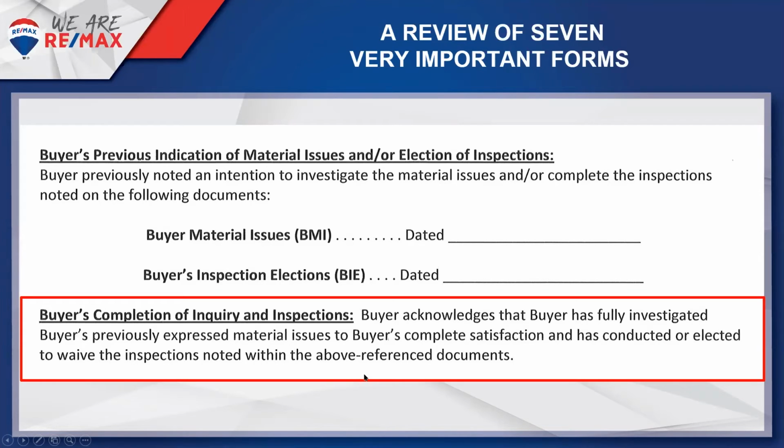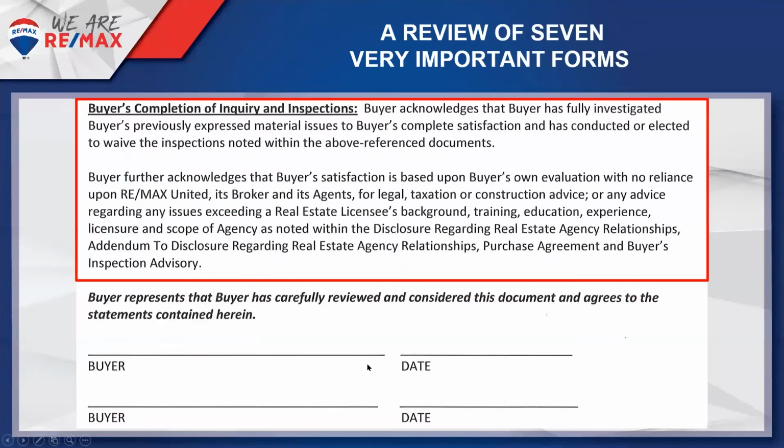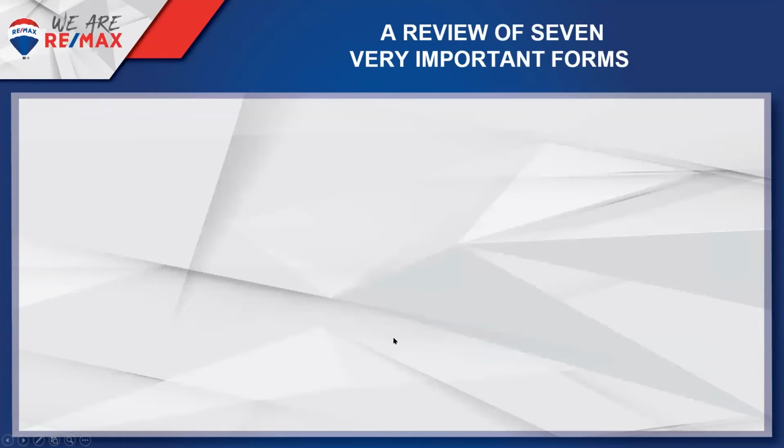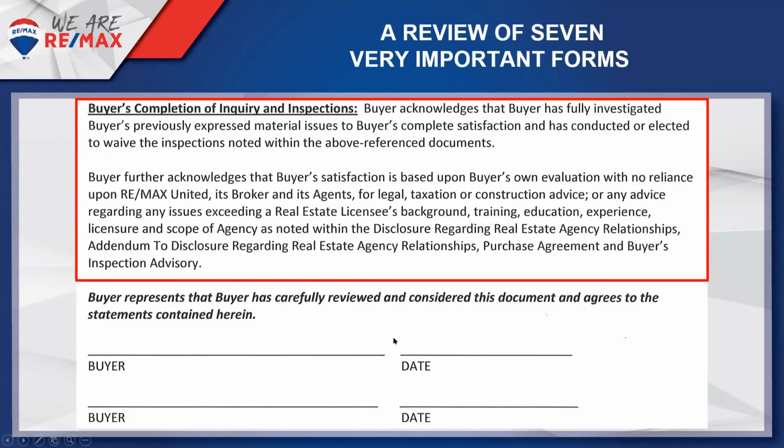And then it goes on to say that the buyer has inquired and inspected those situations. And then it says that the buyer is now satisfied as a result of his investigation or is waiving his concern and now wants to move forward with the transaction. And then when he signs this, it satisfies any issues he raised with the BMI.